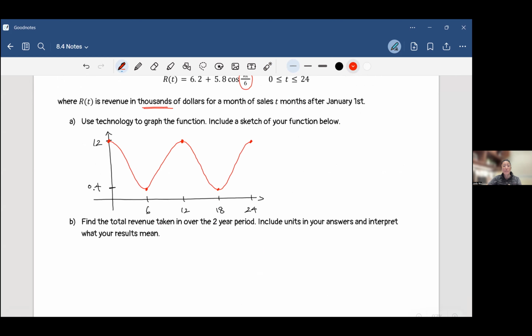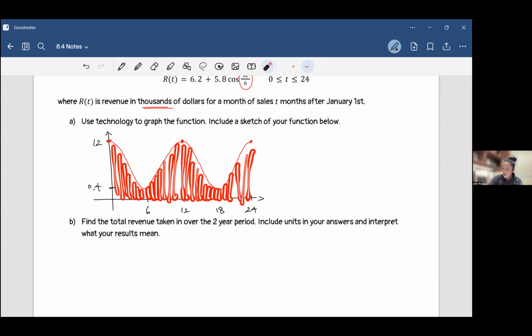And now what we want to do in part B is find the total revenue taken in over the 2-year period. Now, if I'm looking to find the total revenue, what that means is I'm finding the area under that curve from 0 all the way to 24 months, right?